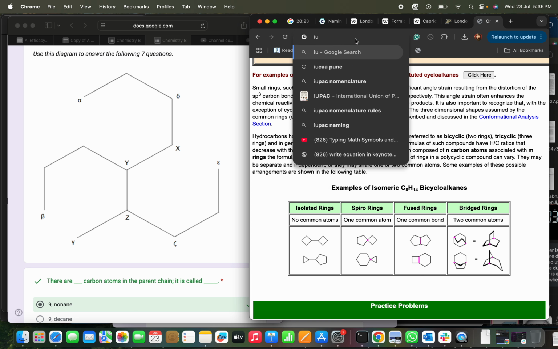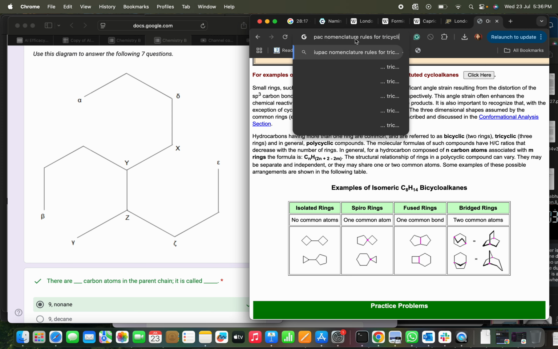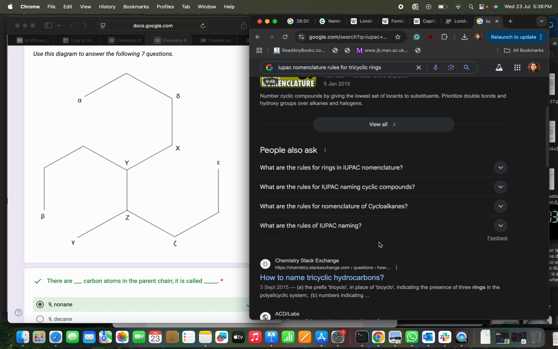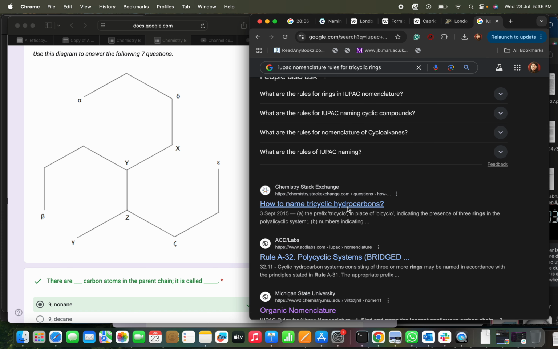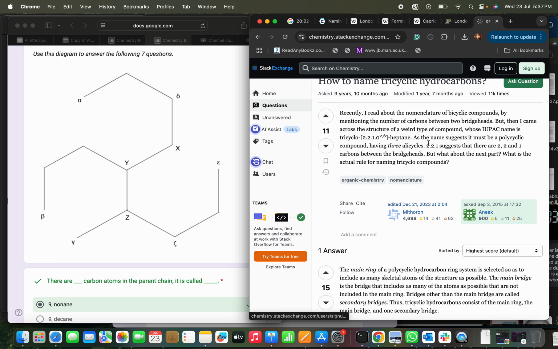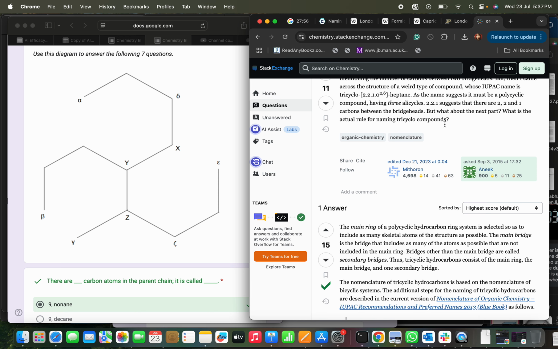IUPAC nomenclature rules for tricyclic rings. Excuse me. I read about the nomenclature of bicyclo, mentioning the number of carbon atoms, but then I came across a weird compound, tricyclo.